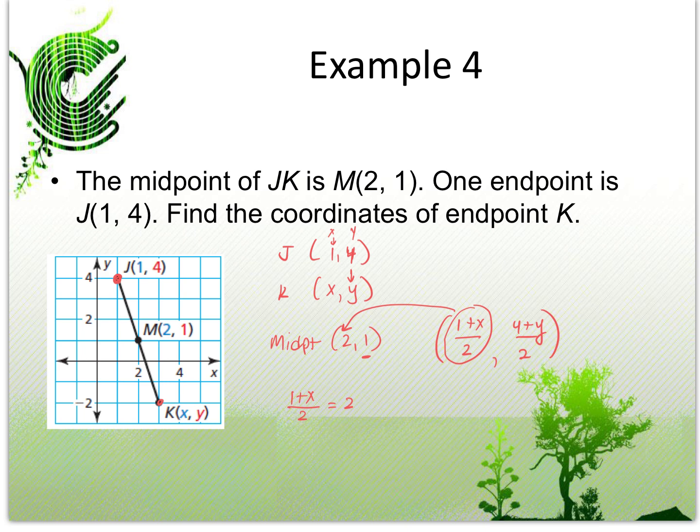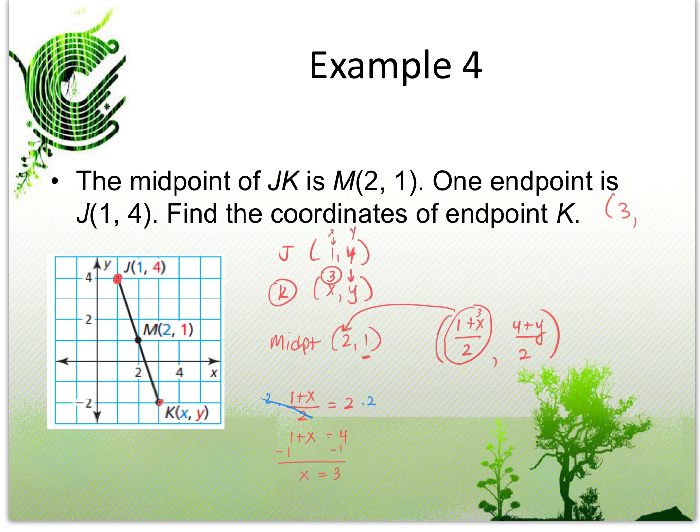Well, first thing I could do is multiply both sides by 2 to eliminate the denominator. 1 plus x equals 4, and then subtract 1 from both sides and get x equals 3. So guess what? X is 3. 1 plus 3 divided by 2 is going to give me 2. So guess what? The x value of point K is 3. So I just found one of the values of point K.